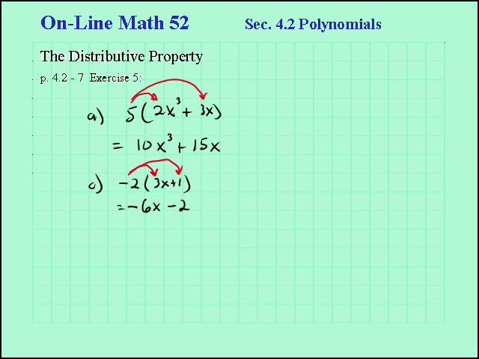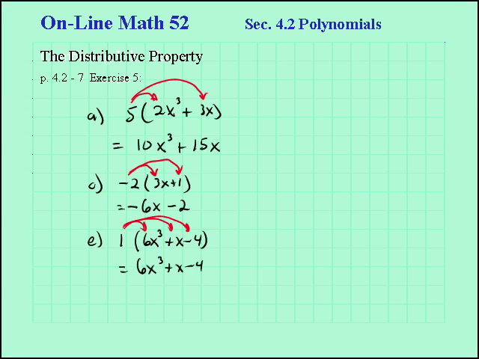Letter E is very simple. It asks us to distribute 1 to the quantity 6x cubed plus x minus 4. And multiplying by 1 couldn't be simpler. It's just 1 times each of these. And so we just get the 6x cubed plus x minus 4.